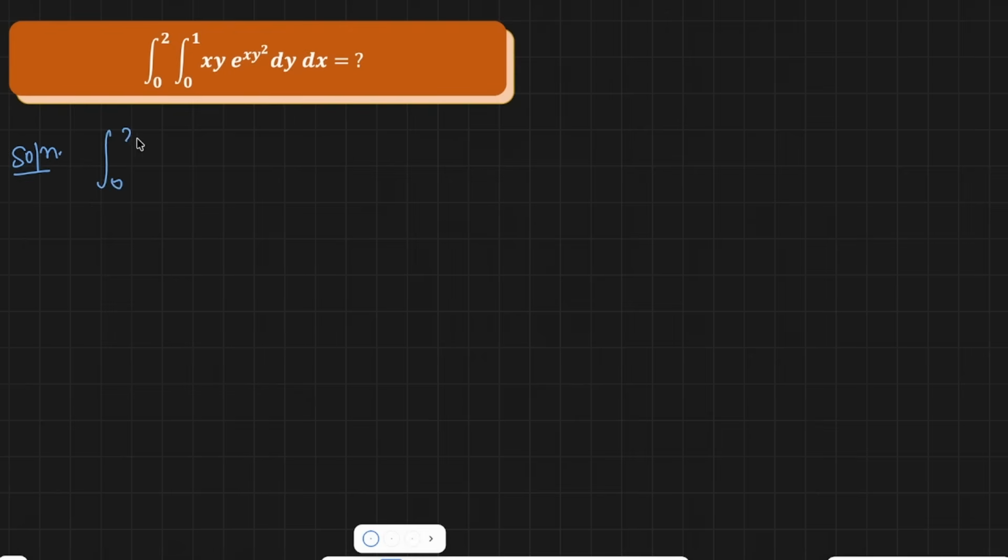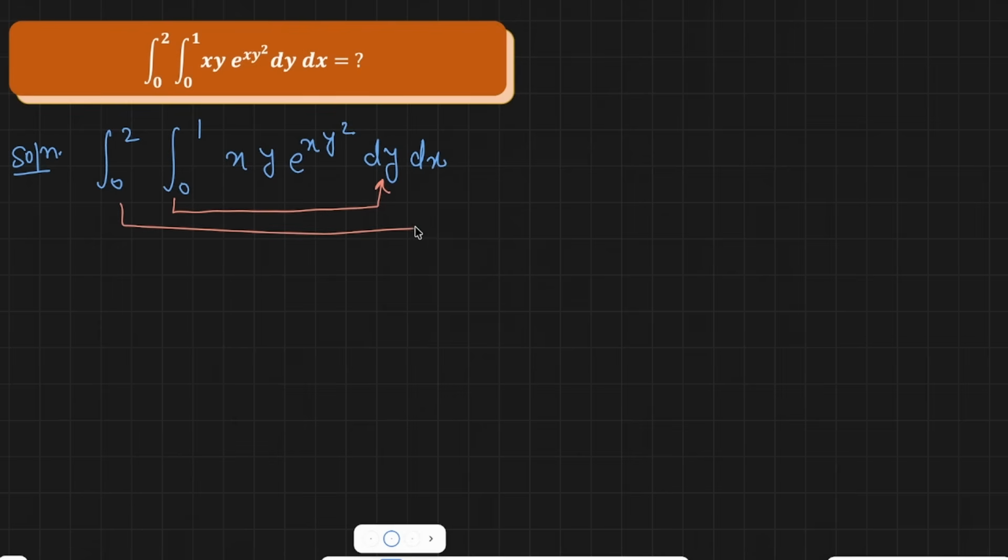This is 0 to 2, this is 0 to 1, x y e to the power of x y square dy dx. Sometimes you have to use the techniques of integrals. First of all, see, this is the limit of y and this is the limit of x. Now, can I take this as m? If I take x y square equal to m, then what will happen?